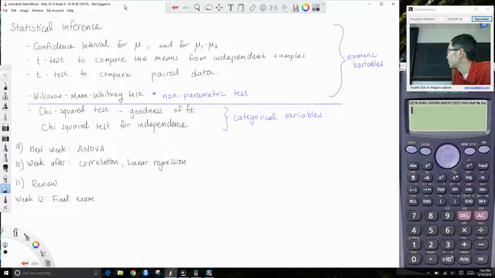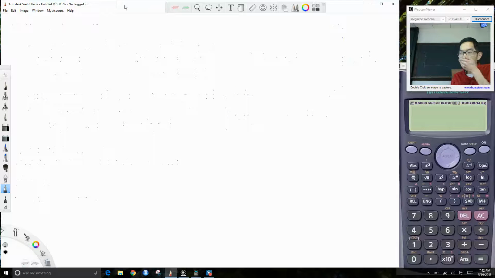So anyway, let's talk about the Wilcoxon Mann-Whitney test and then non-parametric tests a little bit more broadly. Let me first start off by talking about what a non-parametric test is versus, maybe I should start by talking about parametric tests.